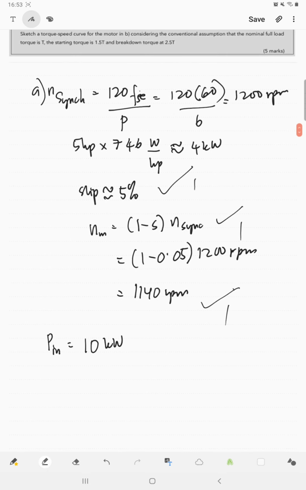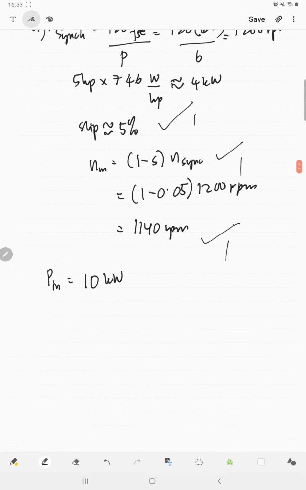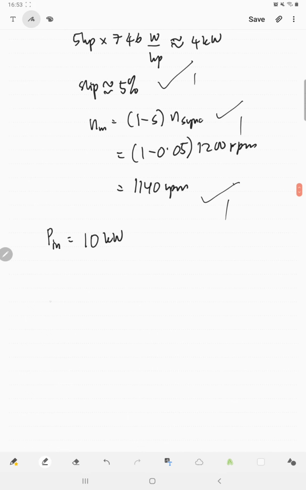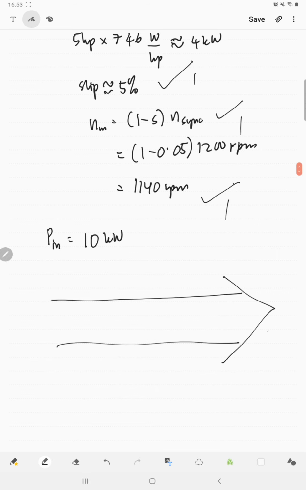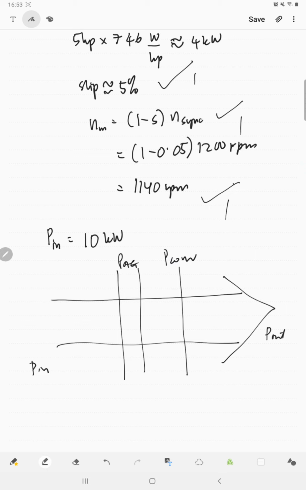Calculate the active power transmitted to the rotor, which refers to the air gap power. If we take a look at the power flow, we have output power, obviously, then input power, and for the induction motor you have the air gap power here, and then you have the converted power.